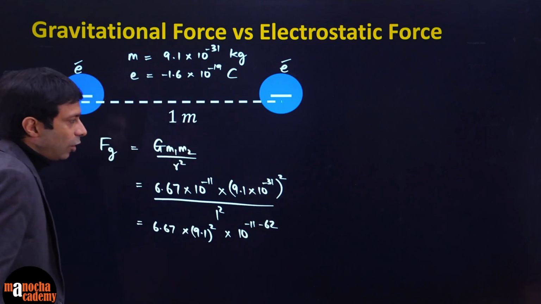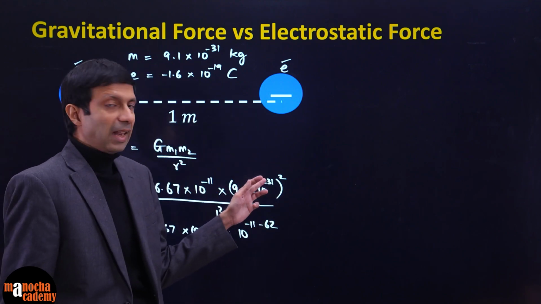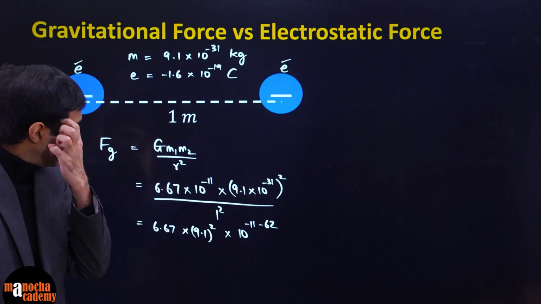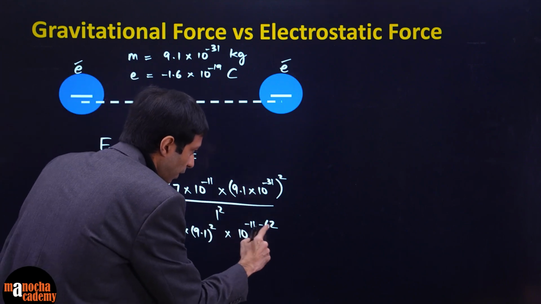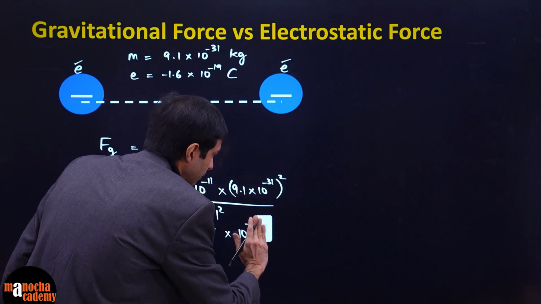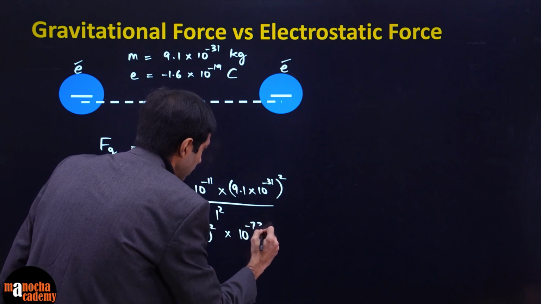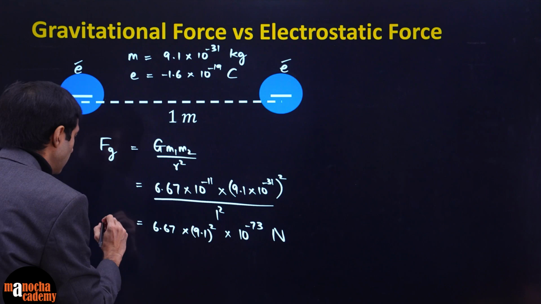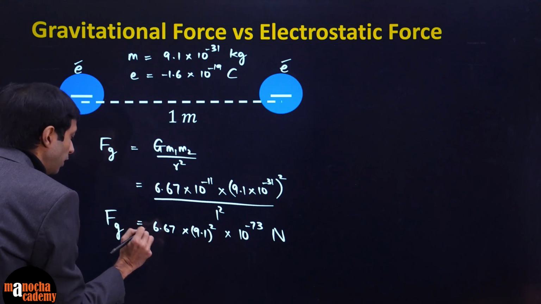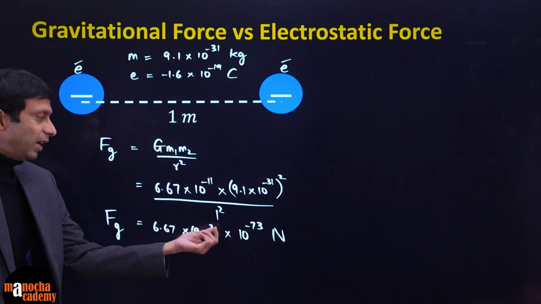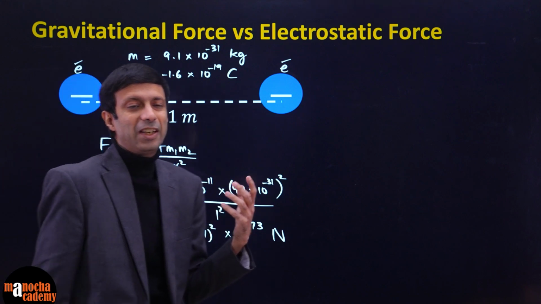Minus 11 and minus 62 will give me minus 73. So there's a 10 to the power minus 73, again in Newton, the gravitational force between two electrons. You can see it's very tiny, 10 to the power minus 73.